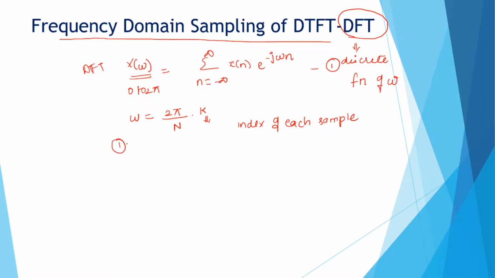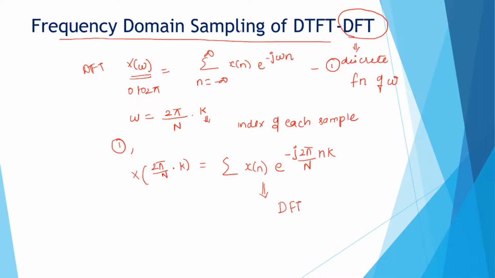When I substitute in equation 1, X of 2 pi by N into k is equal to summation x of n e power minus j 2 pi by N into nk. This is the formula for your DFT.